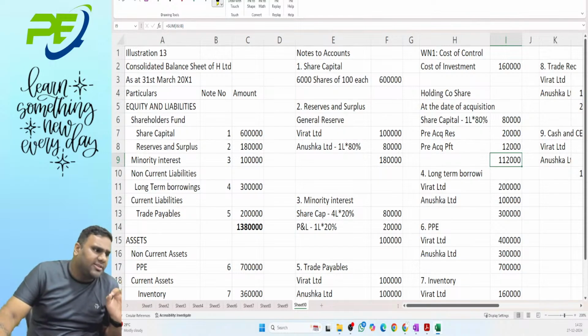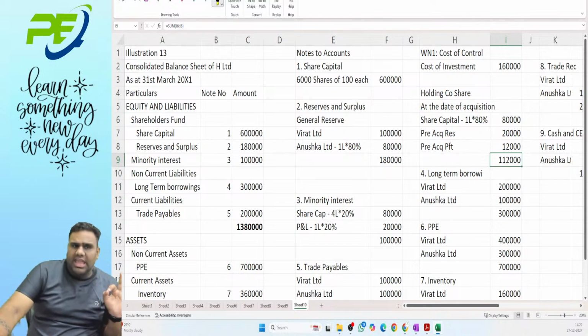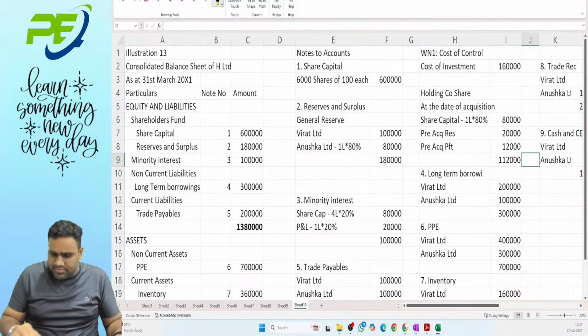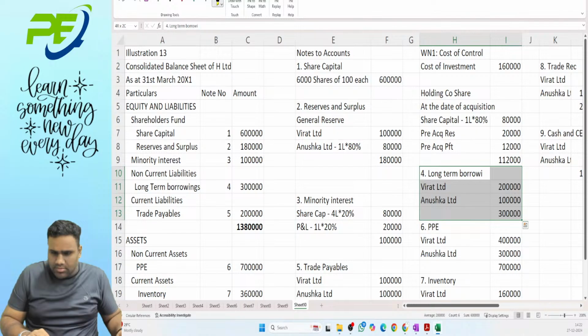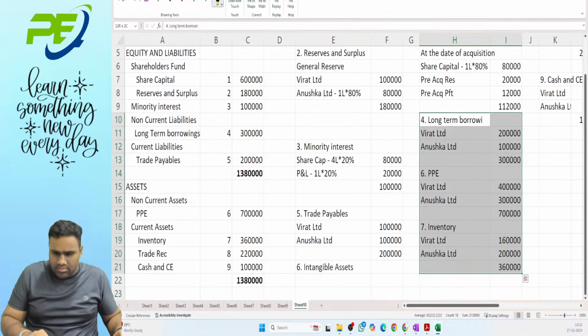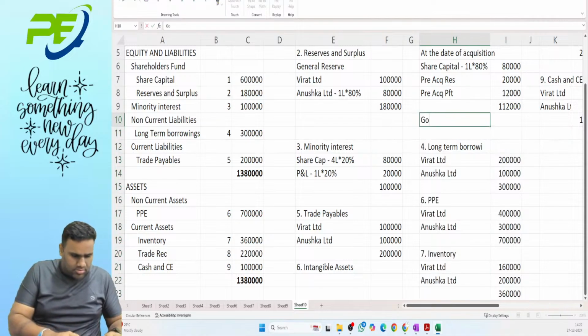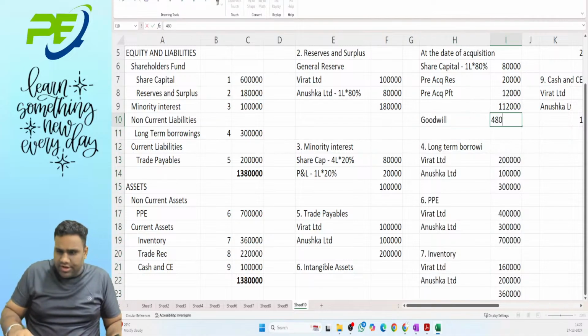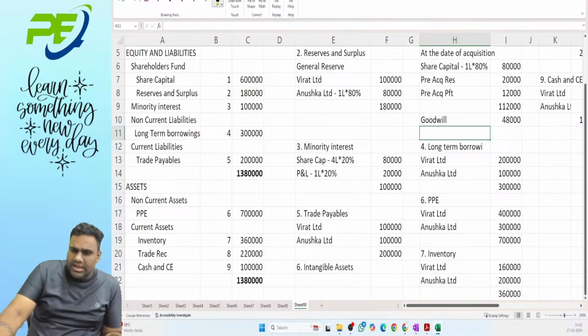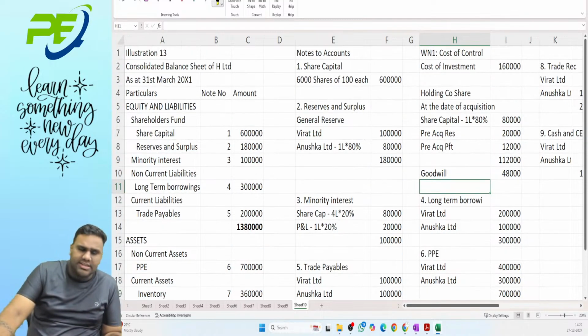How much goodwill? 48,000. Now, there is a small correction I want you guys to think and tell. This 48,000 goodwill is not correct.